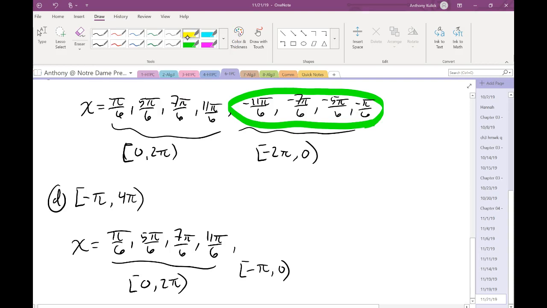Which of these 4 answers are we going to use? Good, the negative pi over 6 and the negative 5 pi over 6, because those ones are greater than negative pi. The other ones are too small, right? Okay, so I'm going to write those 2 down on my list.